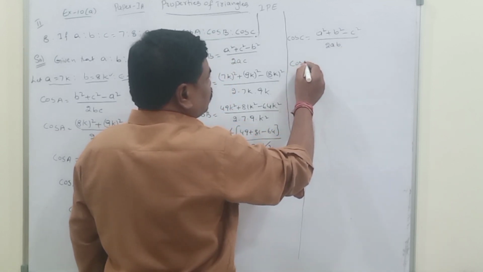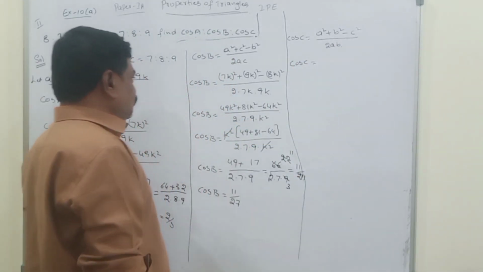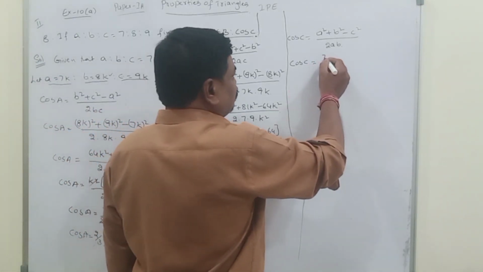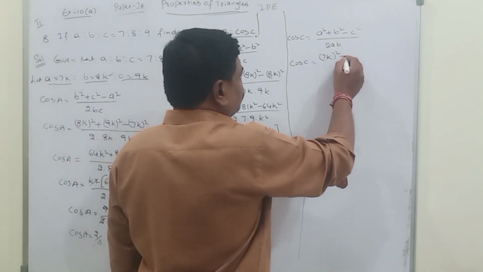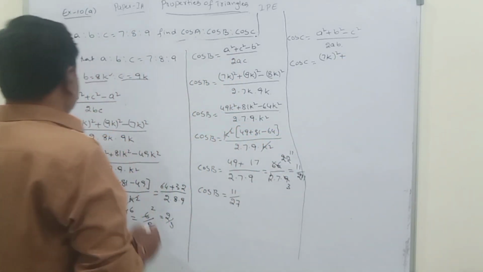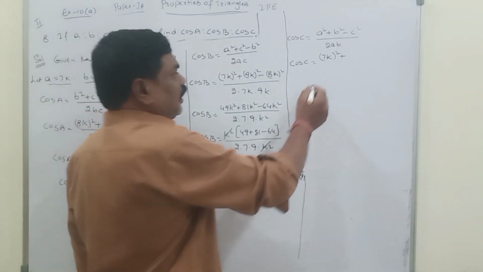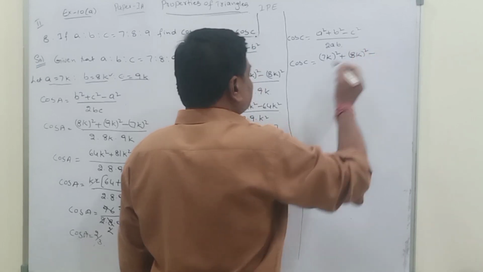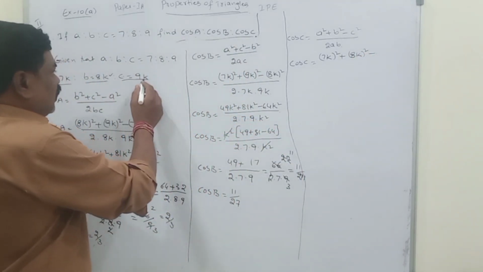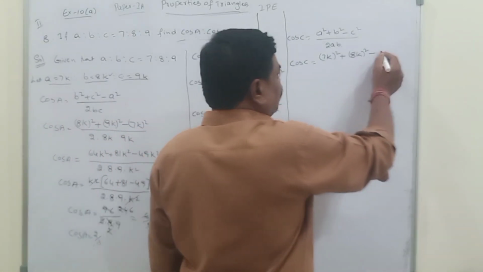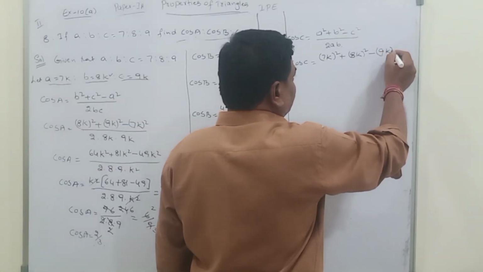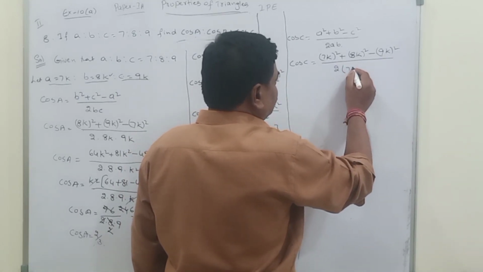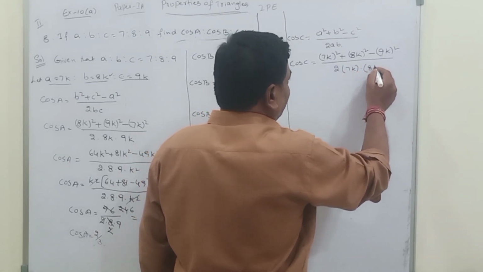So cos C is equal to (7k) whole square plus (8k) whole square minus (9k) whole square by 2 into 7k into 8k.